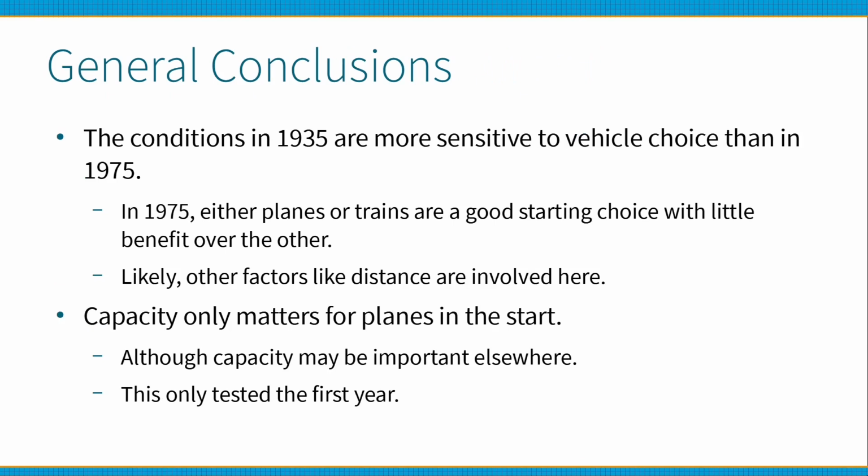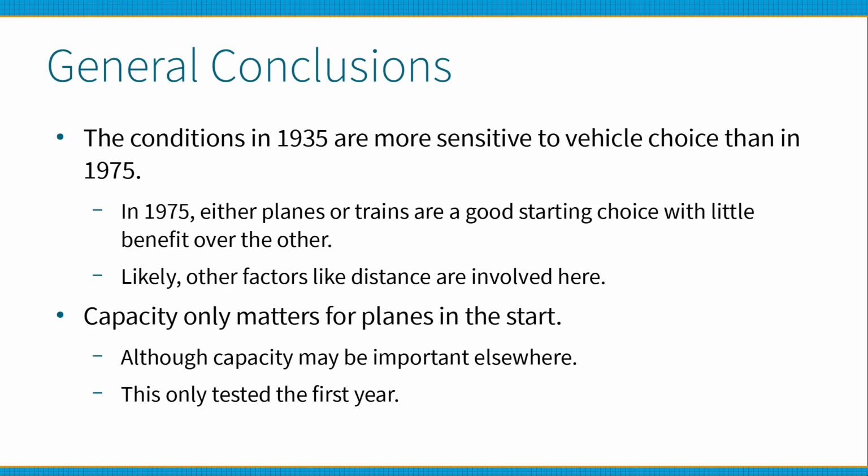As far as general conclusions, 1935 is definitely more sensitive to the choice that you make, respecting the vehicles you deploy, than 1975. And there are things that were difficult to account for, like distance. I did record it so that you might be able to do a regression on it, and more on that here in a bit.